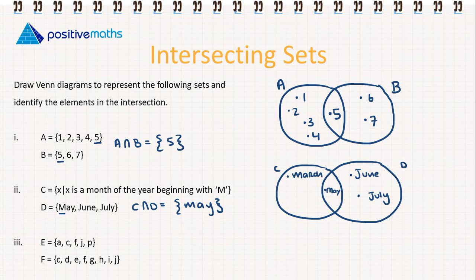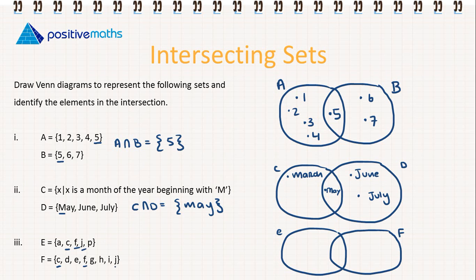Okay, our last example. We have the sets E and F. We're noticing, first of all, we need to pick out the elements that are common to both sets. So C is common to both, F is common to both, and J is common to both.